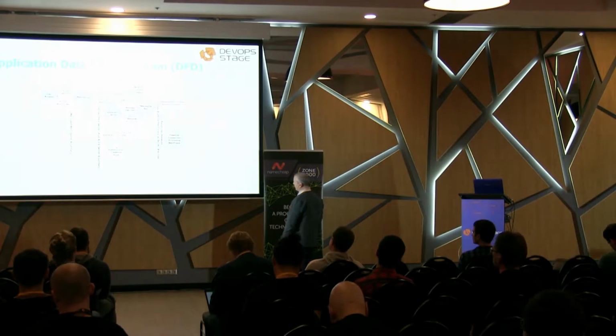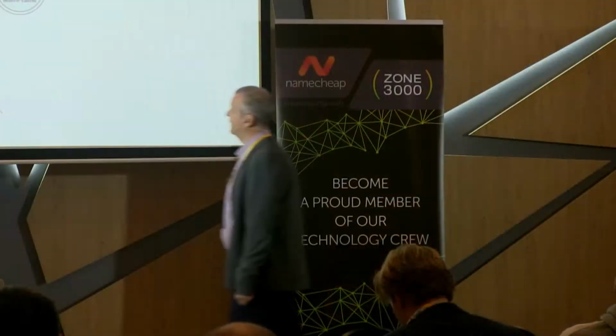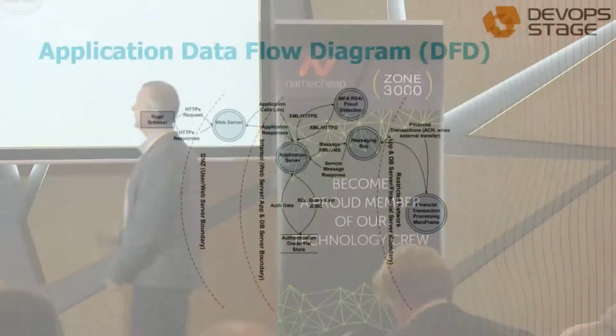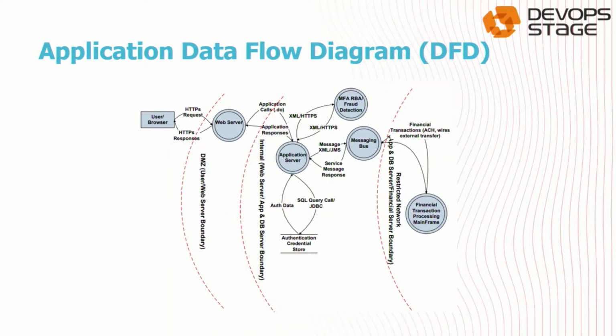So back to our diagram. For example, at the point where we have requests from the browser to the web server, we can start asking questions like, okay, can I intercept the request and see all the data, or see the passwords, or maybe I can disable availability for the web server, or can I access the credential store without authentication, etc. So I'm just going through the STRIDE definition and starting to ask questions.